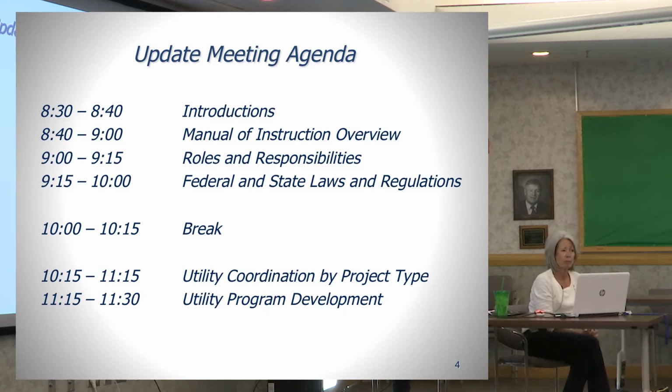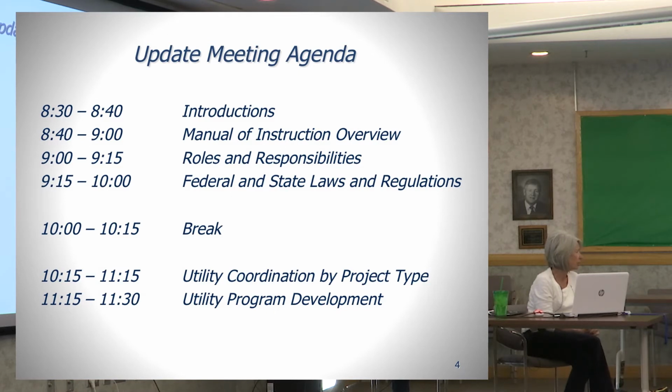We'll spend a few minutes going over an overview of the entire manual so you know what kind of information is provided in it. We'll talk about roles and responsibilities of the parties responsible for utility planning on projects, and then the state and federal laws and regulations.